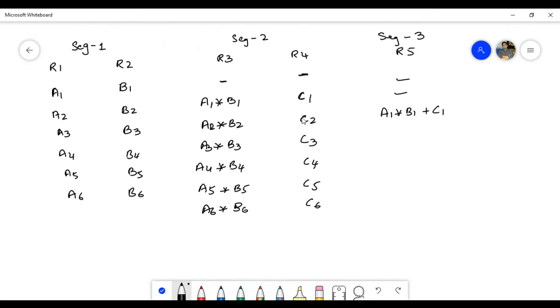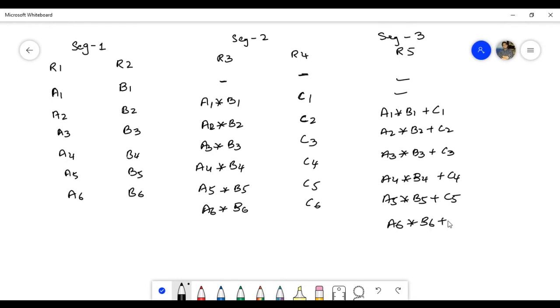Starting from the second position, A2 cross B2 plus C2, A3 cross B3 plus C3, A4 cross B4 plus C4, A5 cross B5 plus C5, and finally A6 cross B6 plus C6. So here it is shifted by the second position.